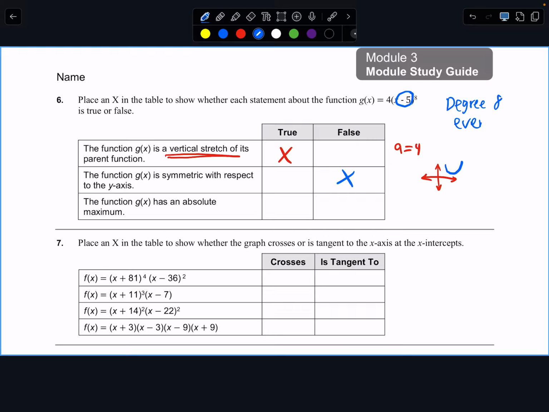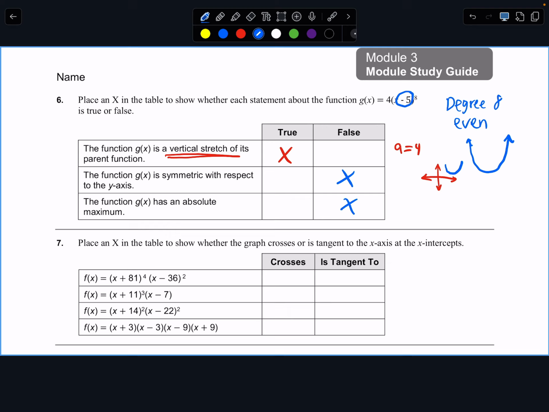What is this shaped like? A parabola. Can a parabola have an absolute minimum? Yes. Can it have an absolute maximum? No. Because you have arrows that keep pointing in the positive direction. There's not going to be an absolute max. Okay? So this is a false statement.